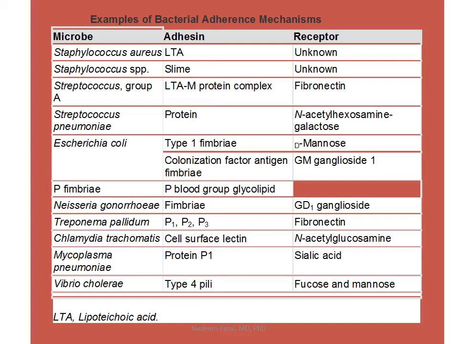So you can see from here, lipoteichoic acid, M protein binds through fibronectin. So you have a choice either to block it or to block that, because you don't want them to come in contact. And again, you can see Escherichia coli has fimbriae, and they bind mannose.